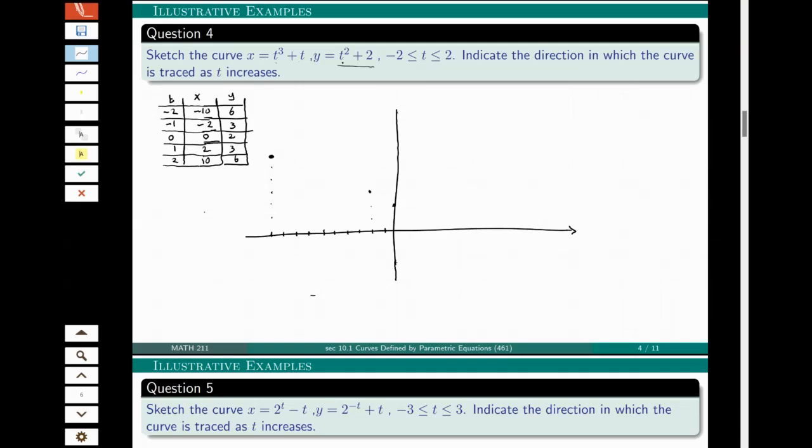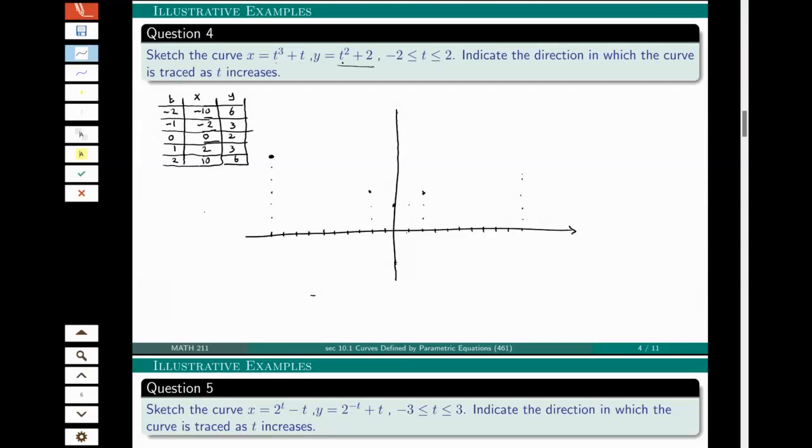Okay. Then we have at 2 it's 3, and at 10, so this is 1, 2, 3, 4, 5, 6, 7, 8, 9, 10.